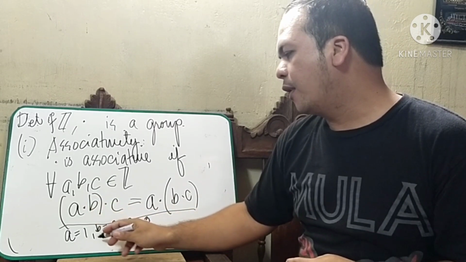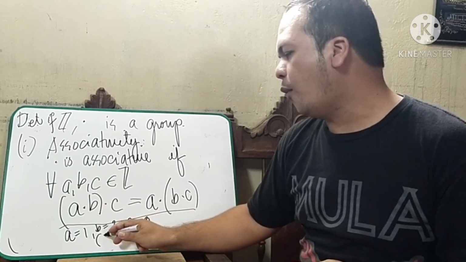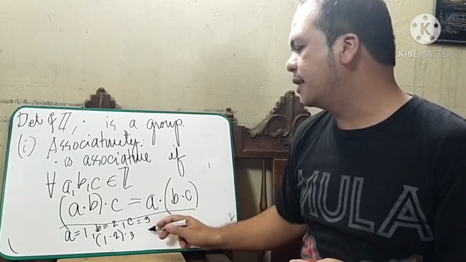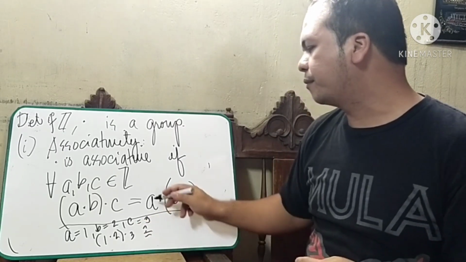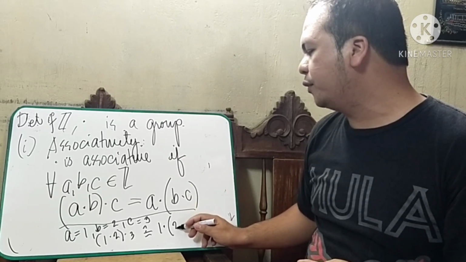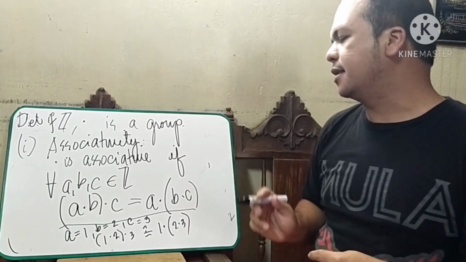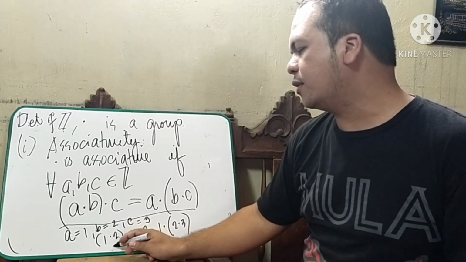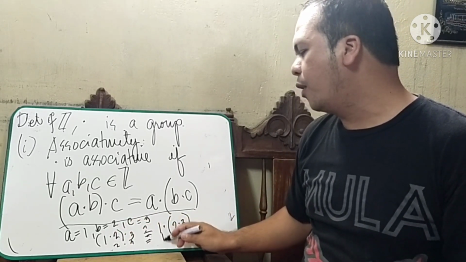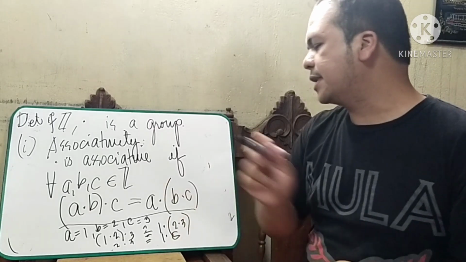So, we have 1, the quantity of 1 times 2, times 3, is that equal to 1 times the quantity of 2 times 3. So we have 1 times 2 is 2, times 3, is that equal to 1 times 6.